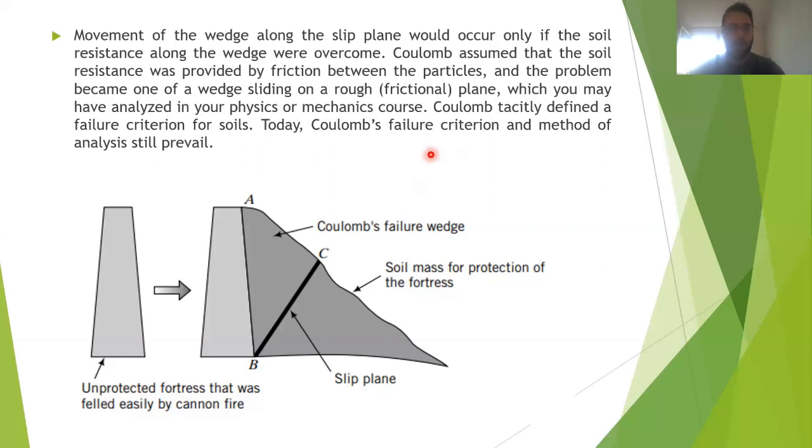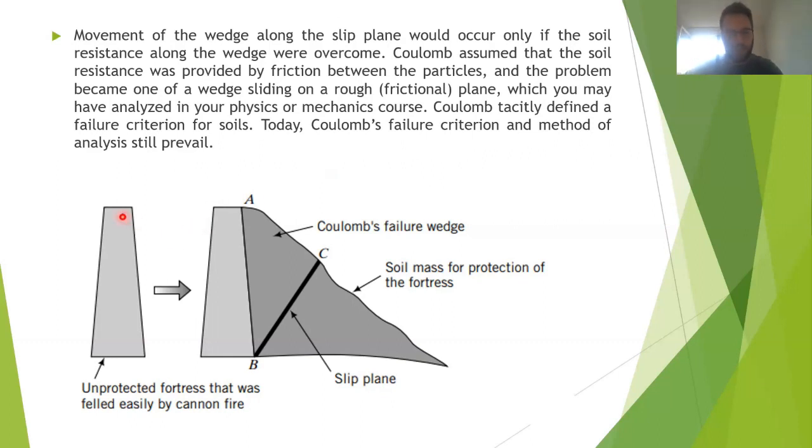So he analyzed some of the physics of the mechanics of the wedge failure, and he defined the failure criterion for the soil. And today, the Coulomb failure criterion and the method of analysis are still used for some simple models with soil and slopes, and even with rocks nowadays, if you have really simple problems.